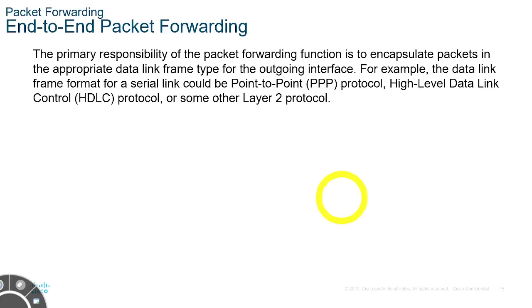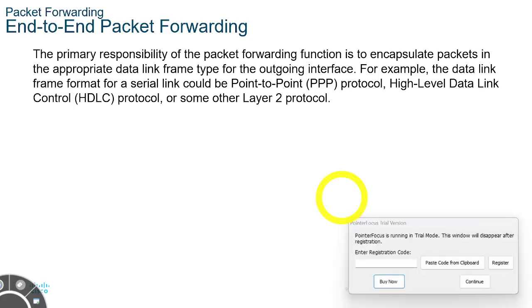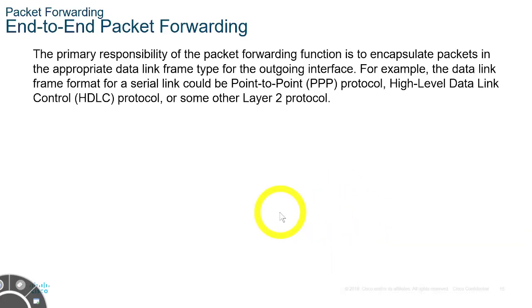If the router has a serial data link, the encapsulation should be a point-to-point protocol frame type. And it could use HDLC packet encapsulation if we have another interface type that links to a network that uses that protocol.